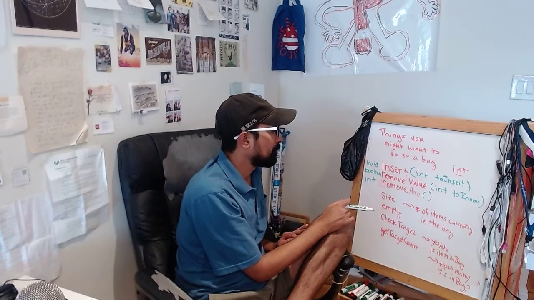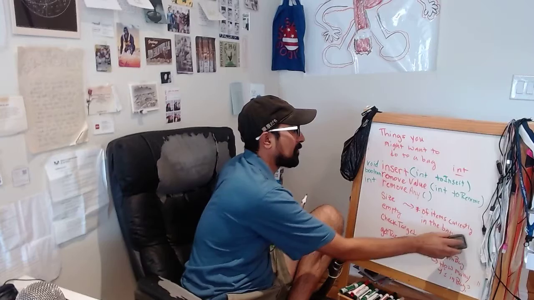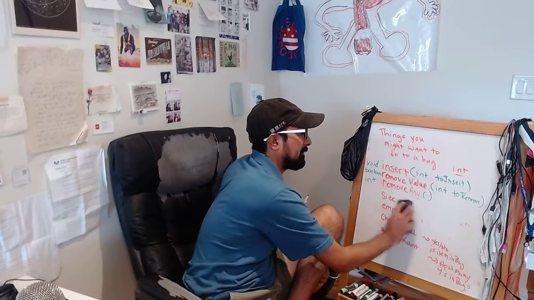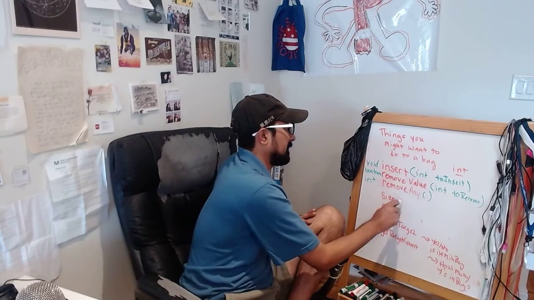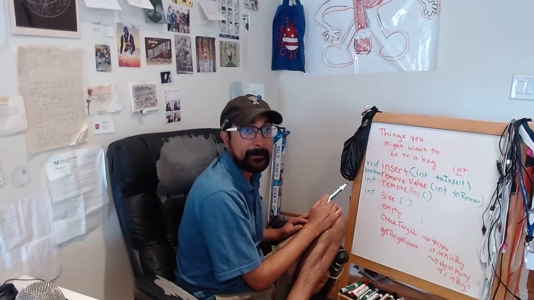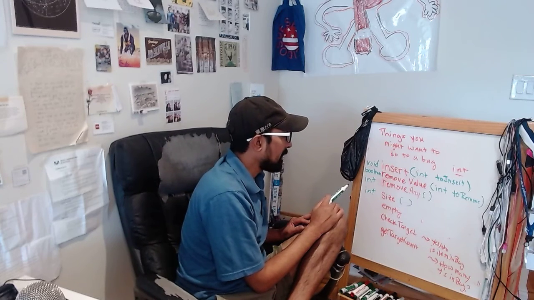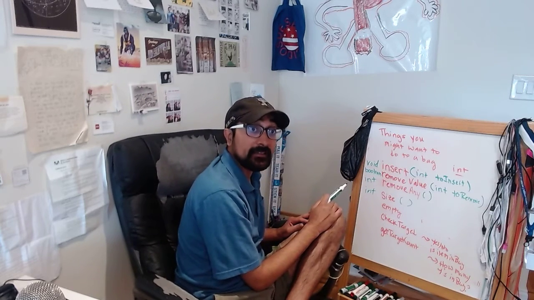We have size, which is the number of items currently in the bag. That should be easy, right? It doesn't take in anything because it just needs to look at how many items are in the bag. We have empty, and empty empties the bag.